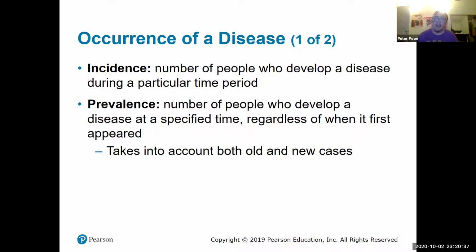So incidence is a much shorter time period than prevalence, so prevalence will always be a bigger number than incidence. Incidence will be the number of people who develop the disease, say, in this month. Prevalence will be people who have developed the disease at a specific time in this month, who have had COVID-19 so far.